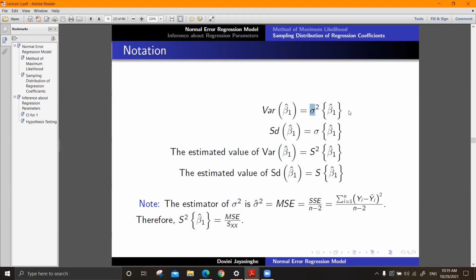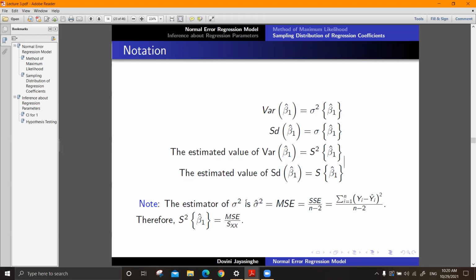So how are you going to do that? This is not substituting s squared here. This is a notation. This is not multiplication, right? This is just a notation. Whenever I ask you to write the estimated value of the variance of beta 1 hat, this is the notation I'm using.